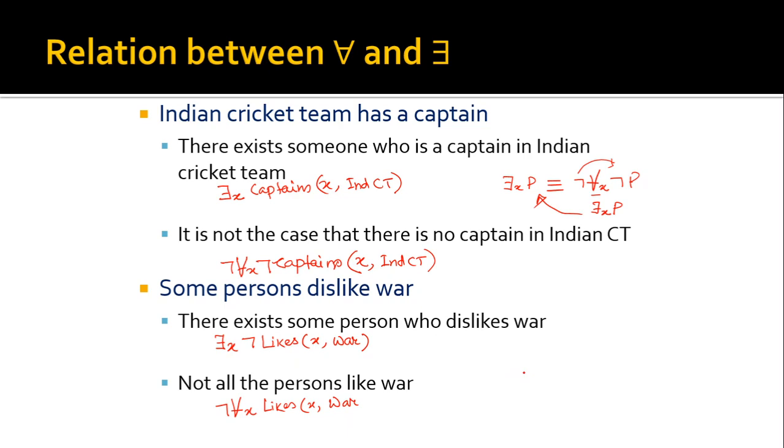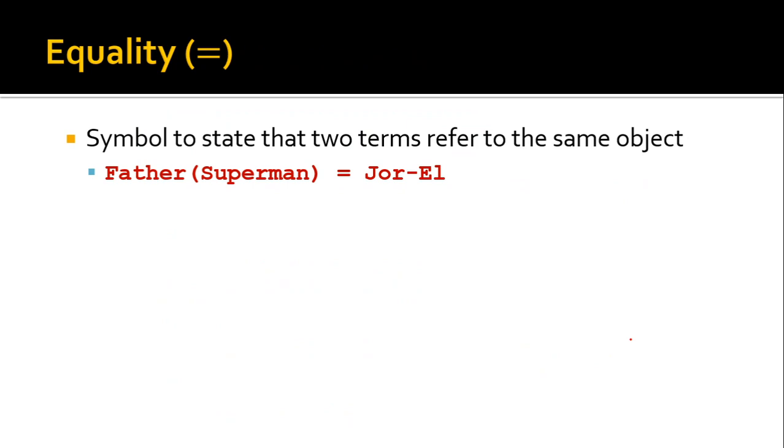So what it will come to: there exists x not of p is equivalent to not of for all x p, right? So it's like you are moving this inward. This will be flipped to there exists, and not will be coming before this p, right? So you see that this one form can be converted to the other form.